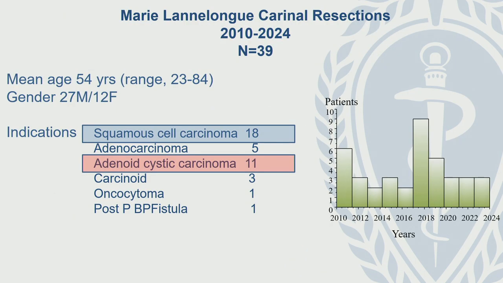At Maryland, we did 39 cases over the past 15 years, with a mean age of 54 and a majority of males, for squamous cell carcinoma, adenoid cystic carcinoma, and other types of cancers. It's between 3 and 10 cases a year.